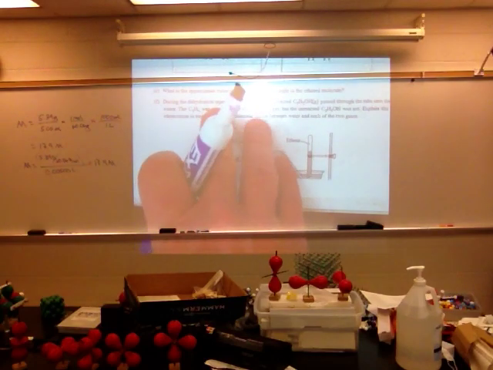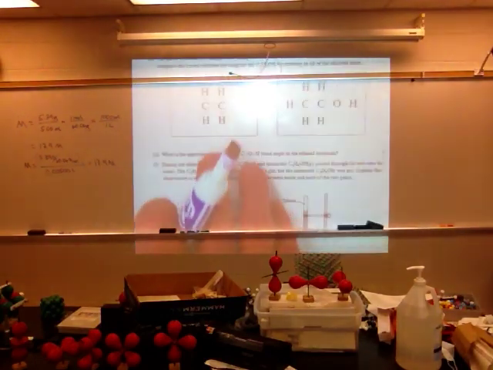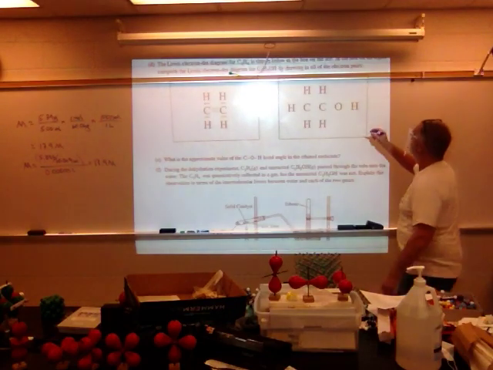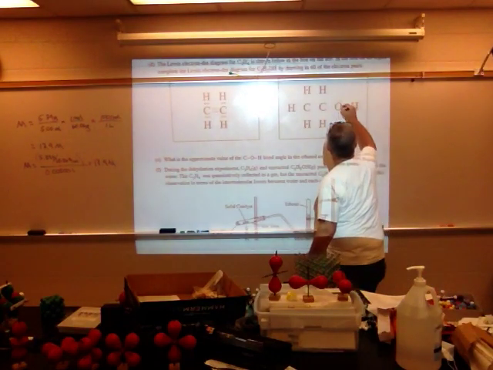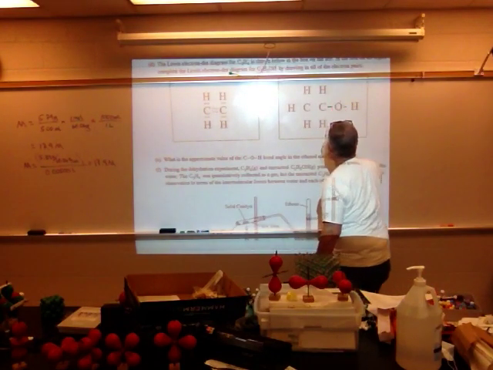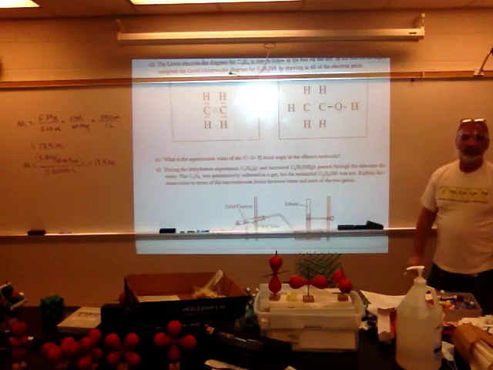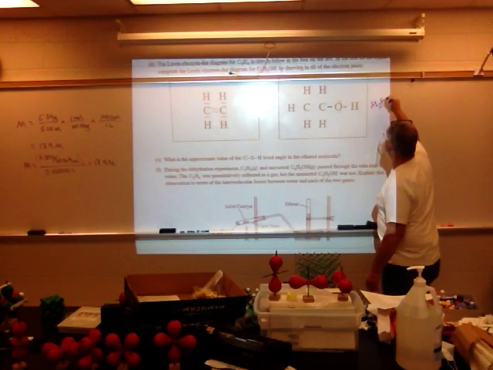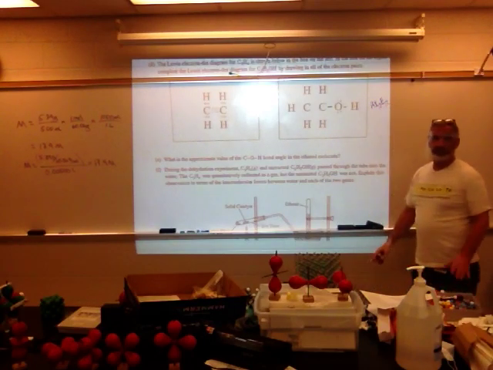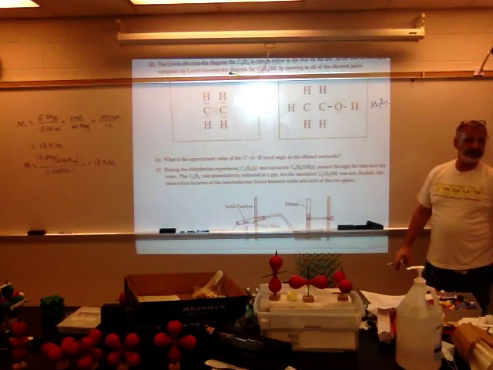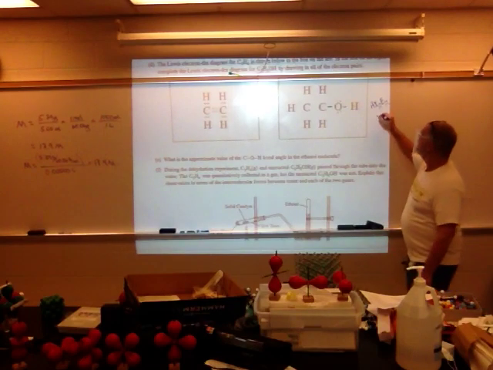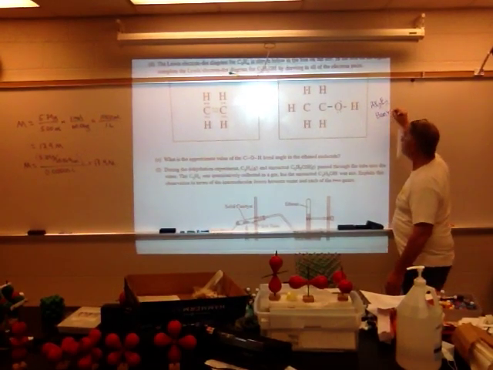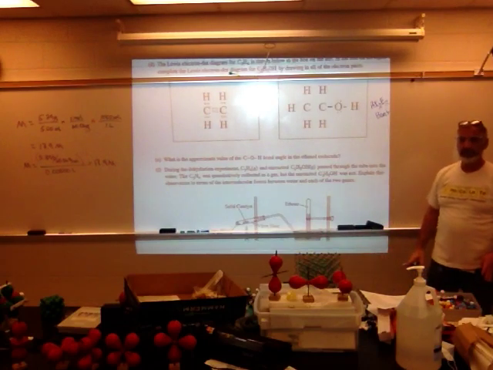What is the approximate value of the COH bond angle in this one? Okay, so COH. What's the bond angle? First off, what's the AX formula? Okay, now that has nothing to do with the answer, but it helps us get there. What's the shape going to be? Bent. How many electron pair domains are there?